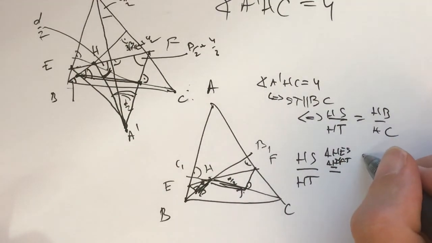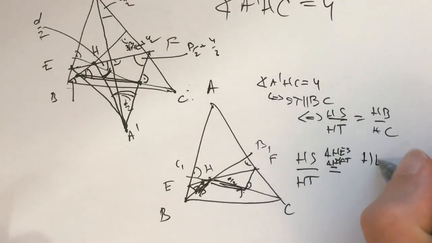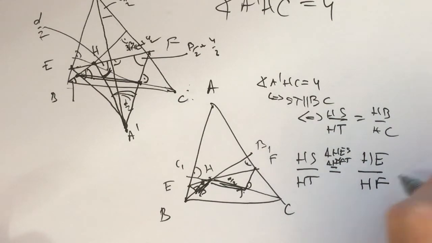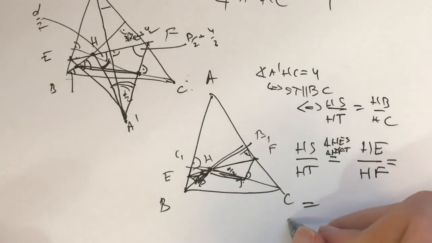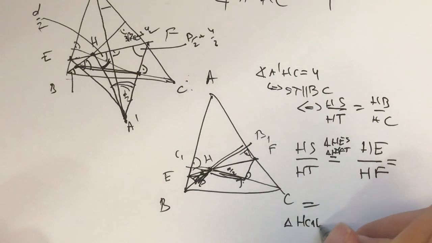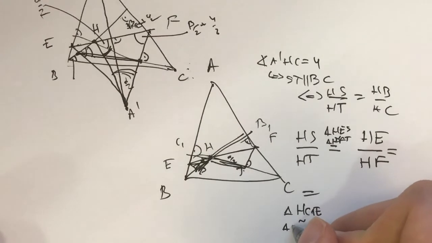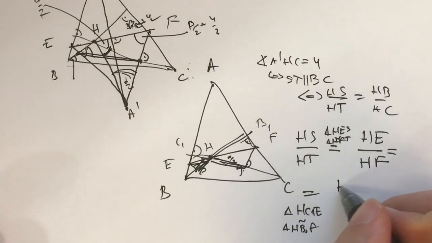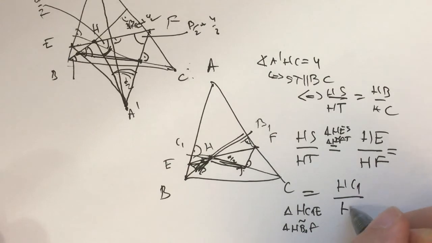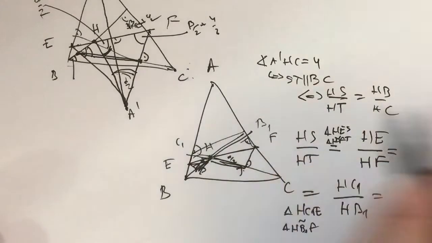So we have HS over HT is, due to the similarity of triangles HES and HFT, equal to HE over HF. And now this thing right here is equal to, because these two triangles are similar, namely the triangles HC1E and HB1F, HC1 over HB1, which is equal to, because these two triangles are similar, HB over HC.